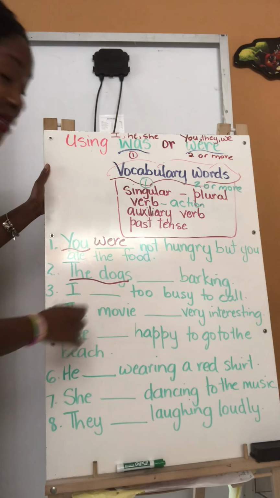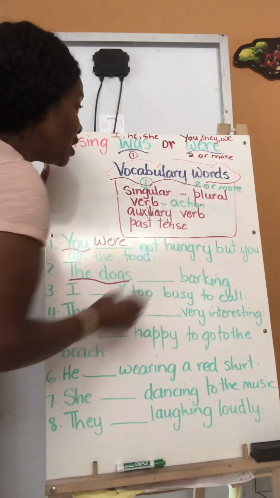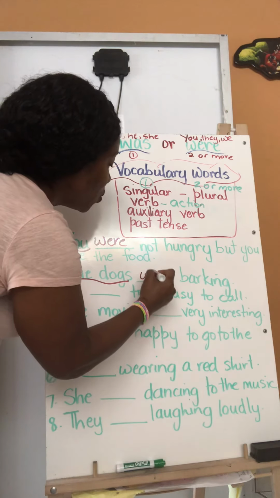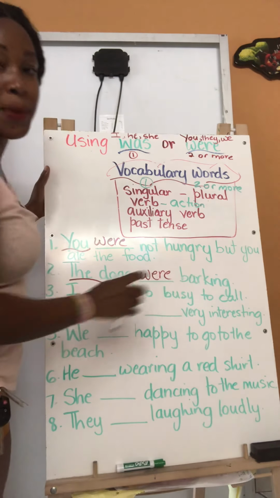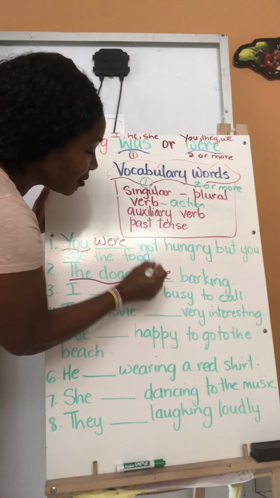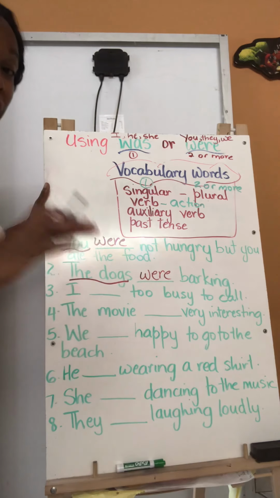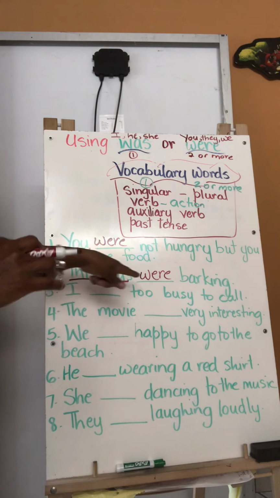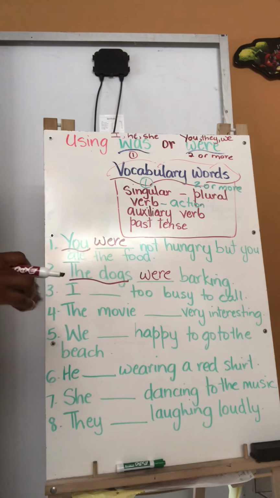So the dogs, that's more than one dog. It's two or more. It's plural. So it is were. So the dogs were barking. And notice I do not have an apostrophe there. That's a different word, and we're going to go into that later on. But this is were. The dogs were barking.